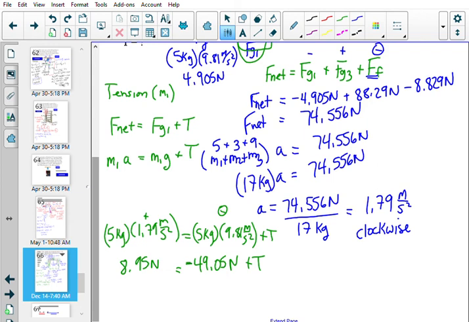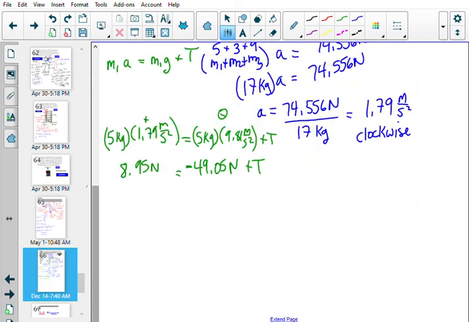And now I can work out the tension in the rope. I can take this 49.05 to the other side now and get 8.95 plus 49.05 is tension. So that gives me 58 newtons as the tension in the rope.